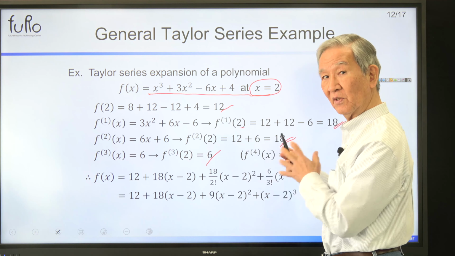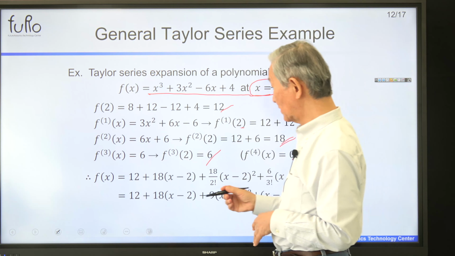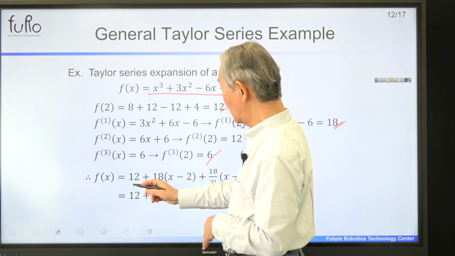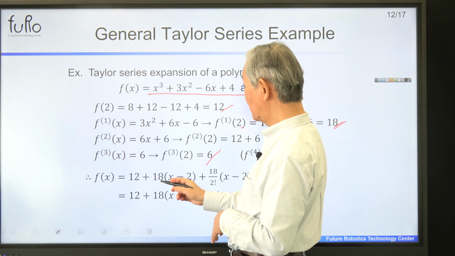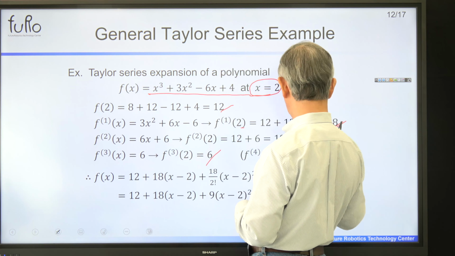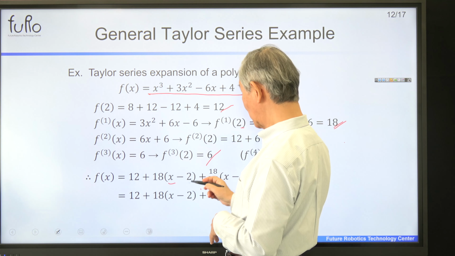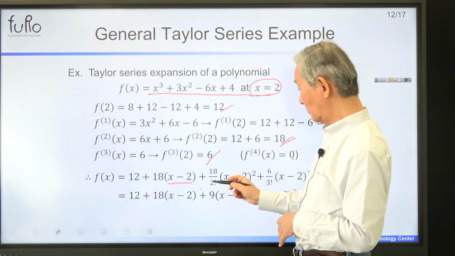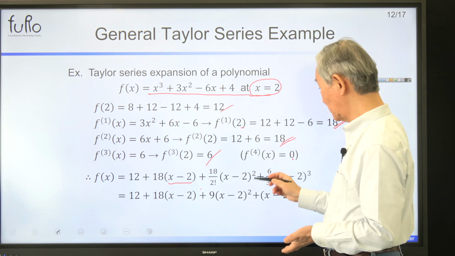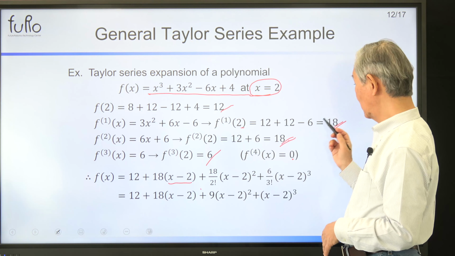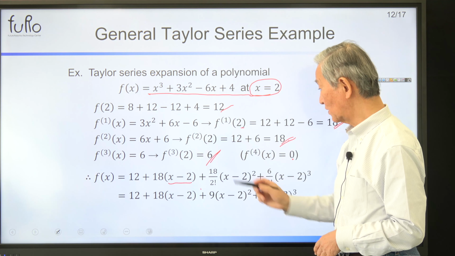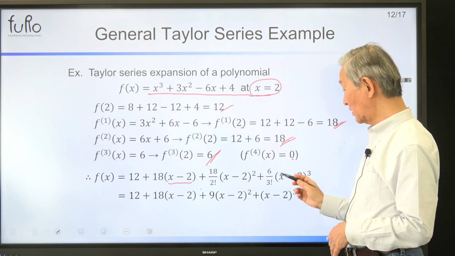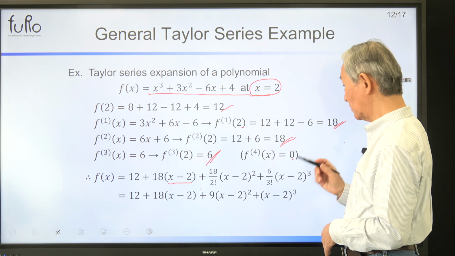So put into this the Taylor series expansion. This is f of 2. This is the first derivative at 2 times x minus 2. And this is the second derivative at 2 divided by 2 factorial times x minus 2 squared. Then the third derivative at 2 divided by 3 factorial times x minus 2 cubed.